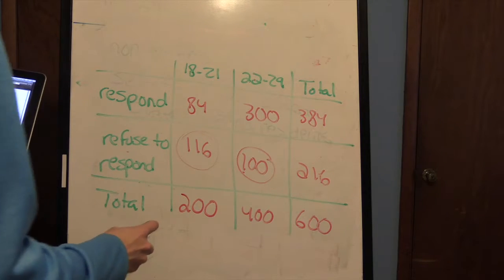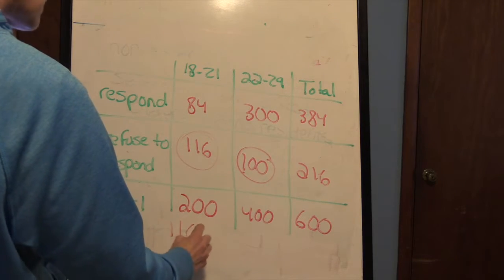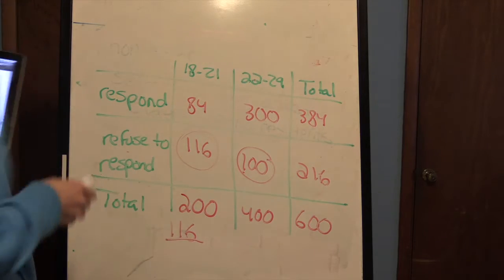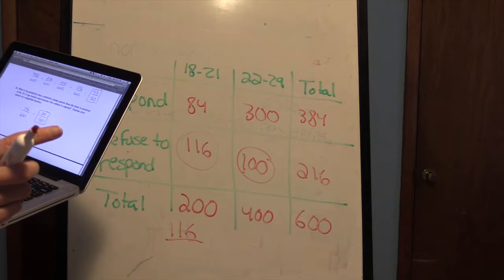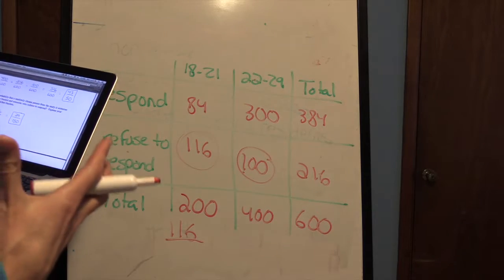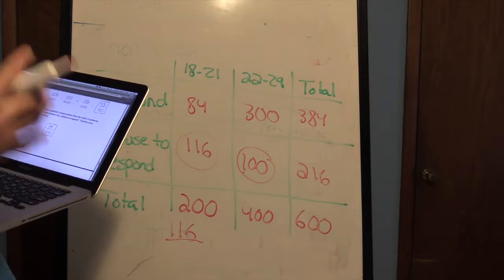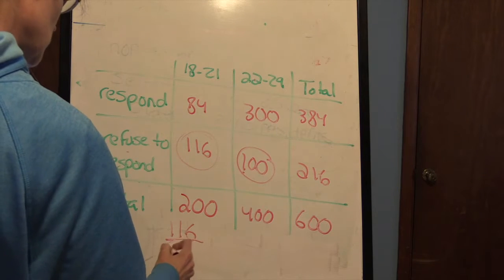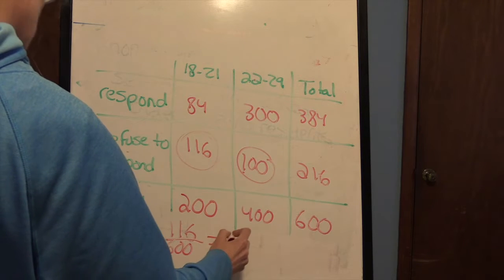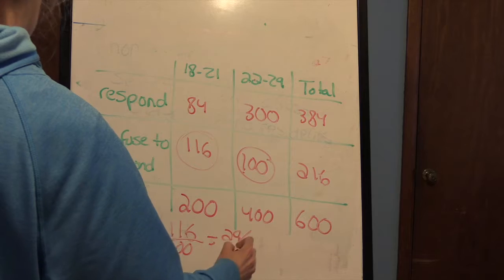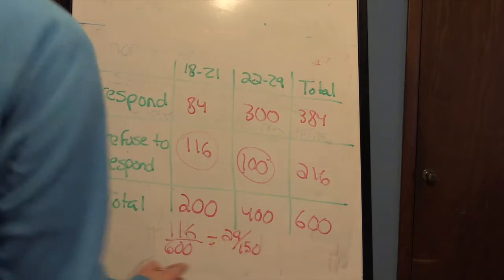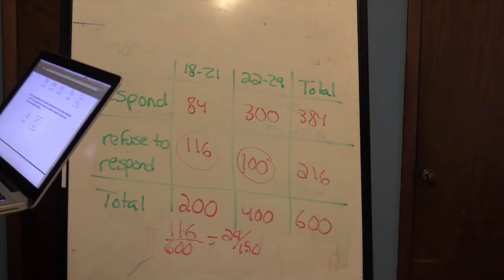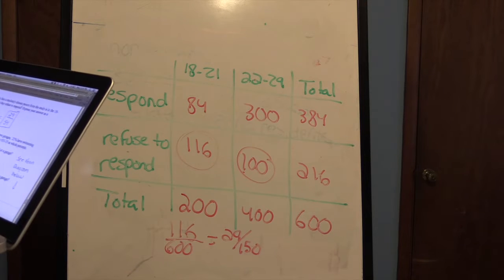There's the 116. Okay, don't make the mistake. It's not 116 out of 200. That would have to be a given problem. Okay, this is just in general because it says probability someone in the study. How many people in the study? There's 600. So it's 116 out of 600, which is 29 out of 150. Okay, so again, an and you're just going to pull it out.